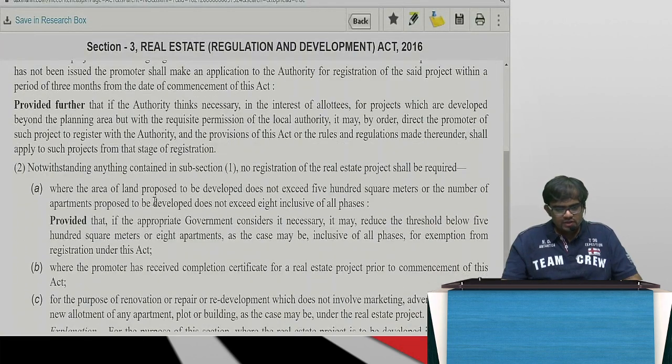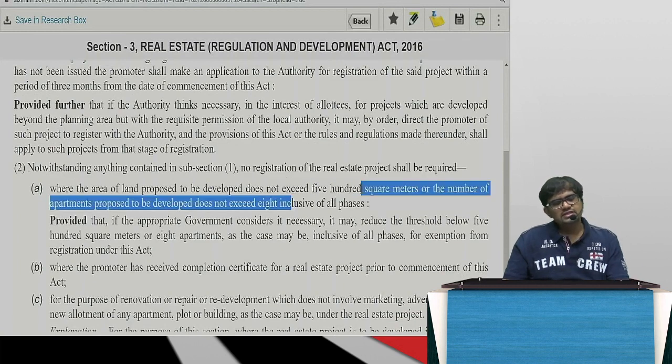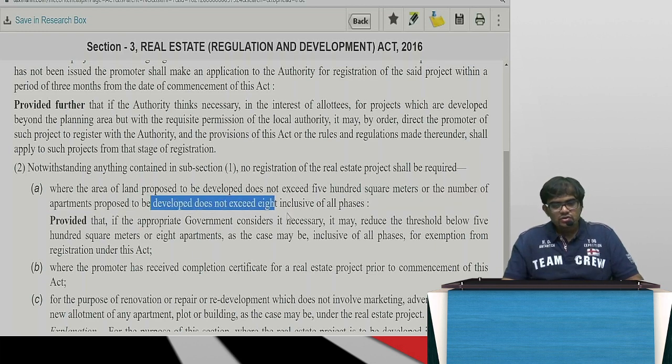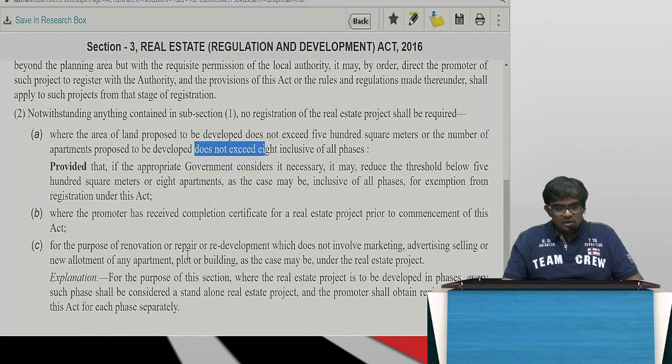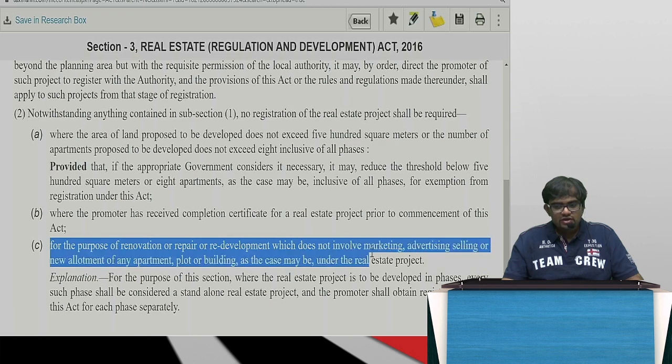Registration is not required where the area is less than or equal to 500 square meters, and the number of apartments does not exceed 8. See here, C1: for the purpose of renovation or repair, or which does not involve marketing, advertising, selling, new allotment and all these things. So if it is mere renovation or repair or redevelopment, then no problem.